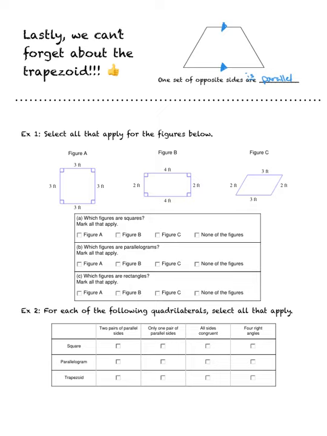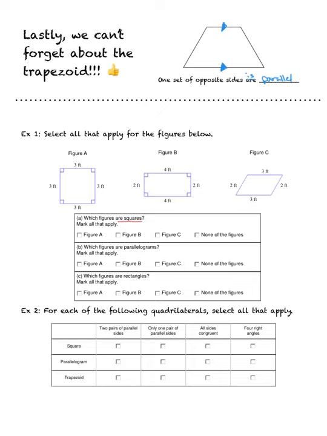Now we're going to do something that you're going to see on Alex. You have to see for A, B, and C. You have to determine which figure A, B, and or C fits. So let's do it in red. A. Which figures are squares?